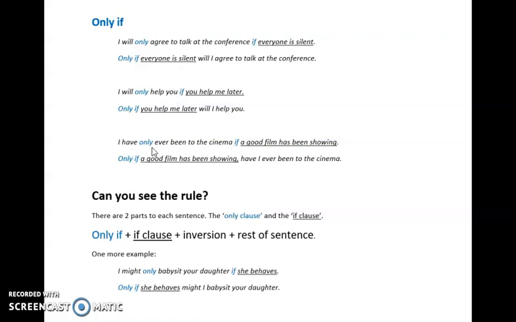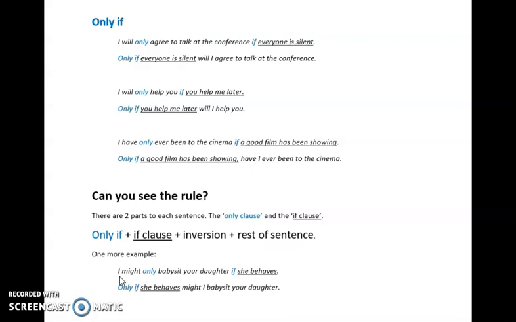So the part of the sentence that has only, we call it the only clause. And then we have the if clause that I have underlined in all of these examples. So we've got two clauses in every sentence. When we use the structure only if, we use only if plus if clause, and then we use the inversion and then the rest of the sentence.